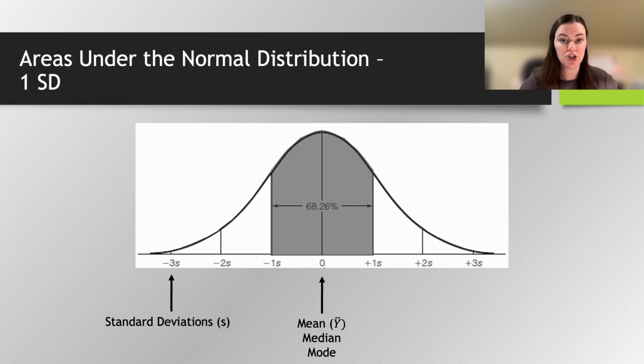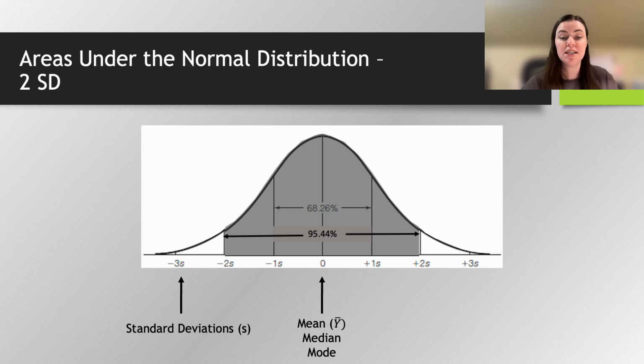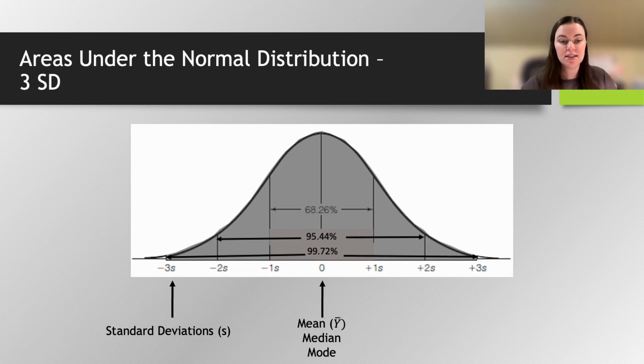In this shaded region here, what you're looking at is the area of data points that would fall within 1 standard deviation of the mean. And so again, that's 68% in this theoretical model. This second shaded region is what we would suppose 2 standard deviations worth of observations would fall under, and that's approximately 95%. And lastly, within 3 standard deviations of the mean, we would expect almost all of our observations to fall within this.